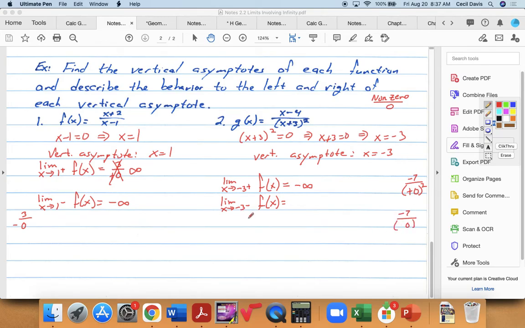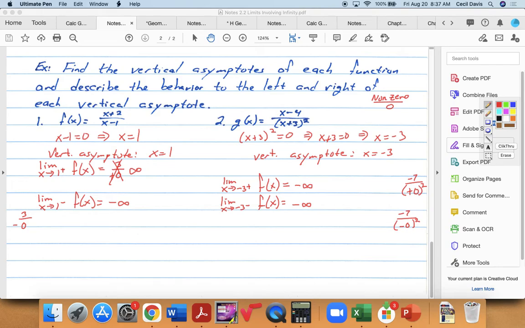If I take a value to the left of negative 3, that would be, for example, negative 3.01 plus 3. Negative 0.01. So this is going to be a negative number near 0, but we're going to square it. So it's positive, so this is negative infinity again.